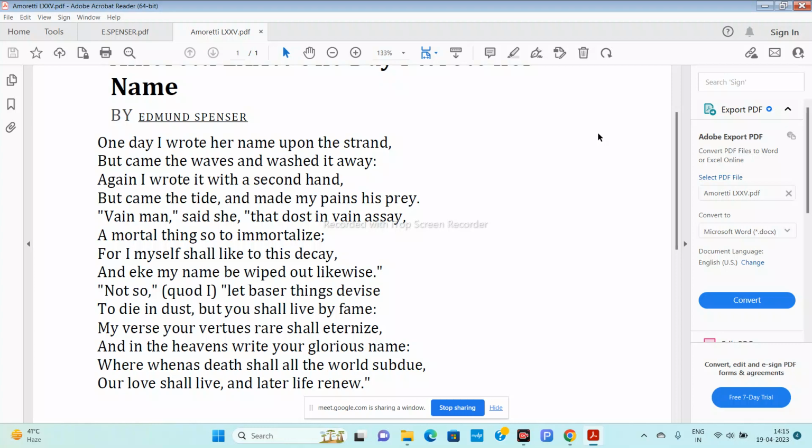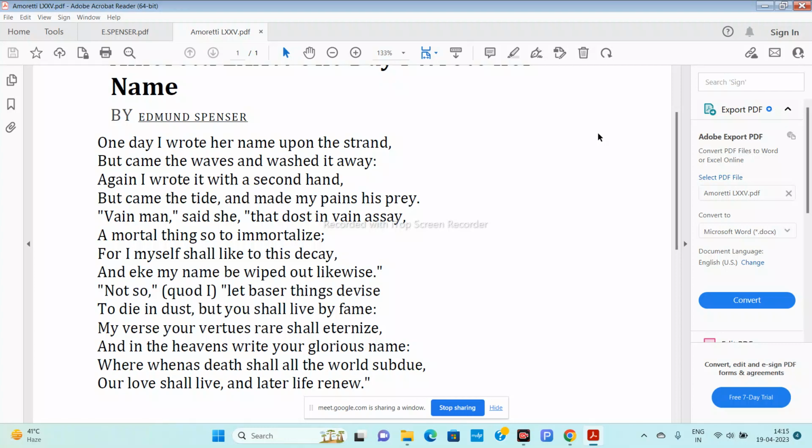So here, as you can see, Spenser is presumably visiting one of the seaside places, and he's sitting on the strand, means the sand, the sand bank beside the sea.